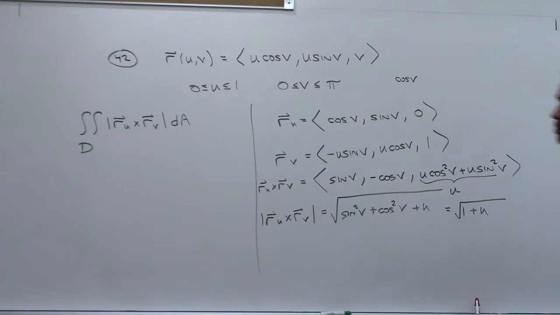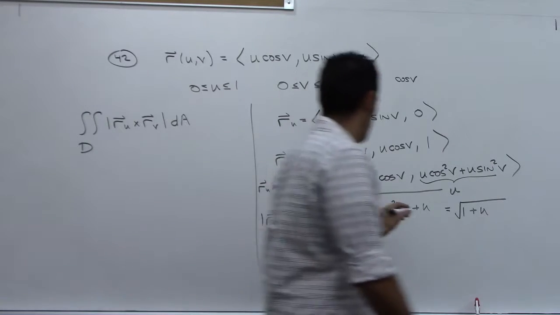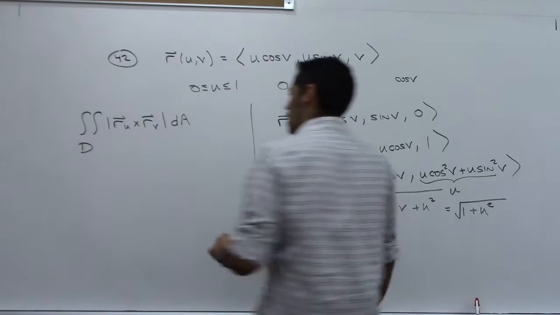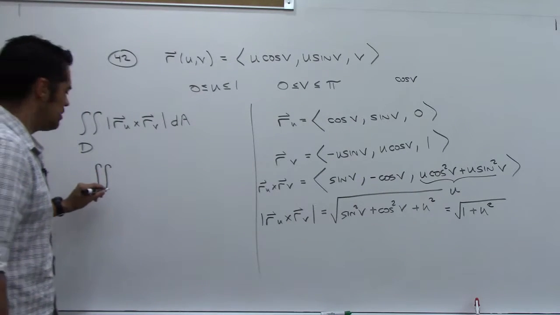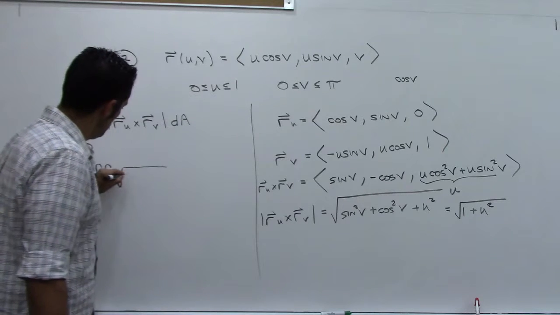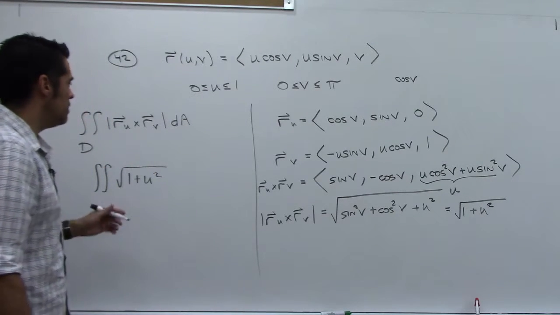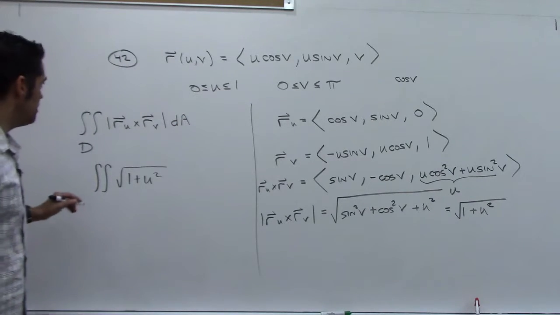All right, so here's what I want to do. I want to integrate the square root of 1 plus u squared. And I do have my limits of integration, and they're both between constants, so my order here doesn't matter.